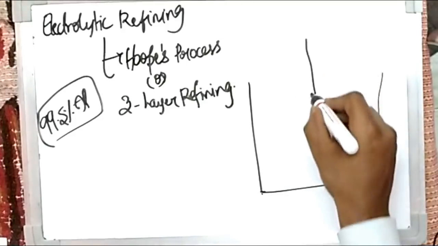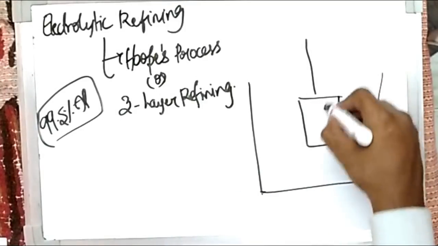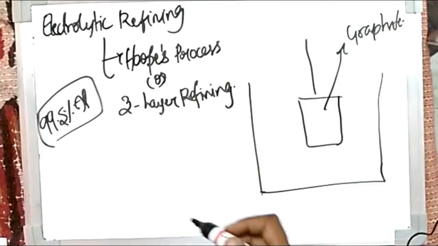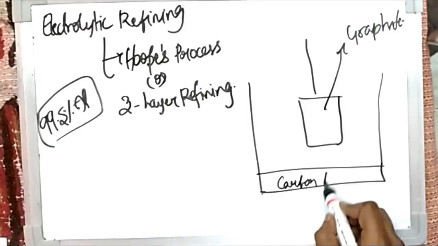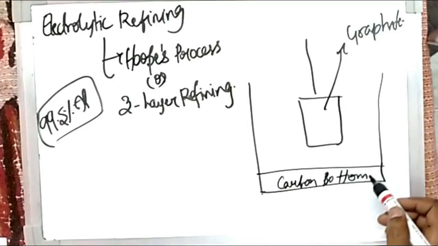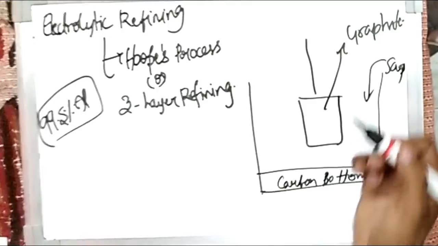Usually here we have an anode, that is nothing but graphite electrodes, and a carbon bottom. If there is any scrap, we can also add that here.